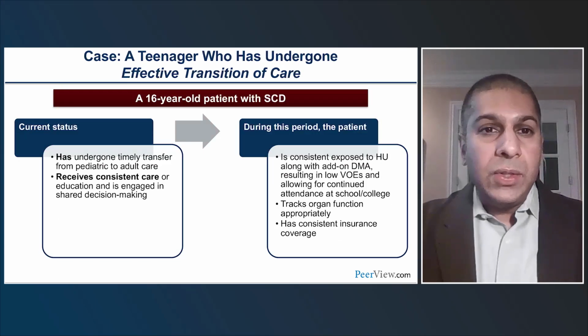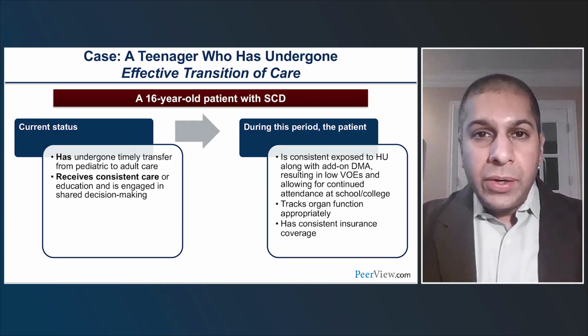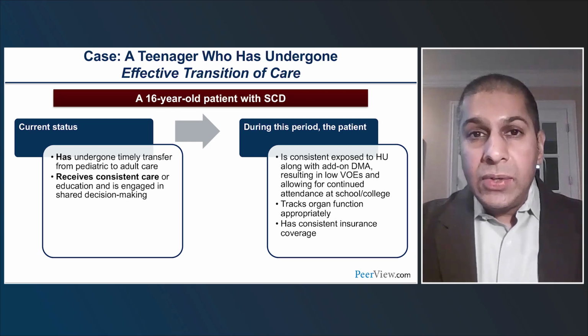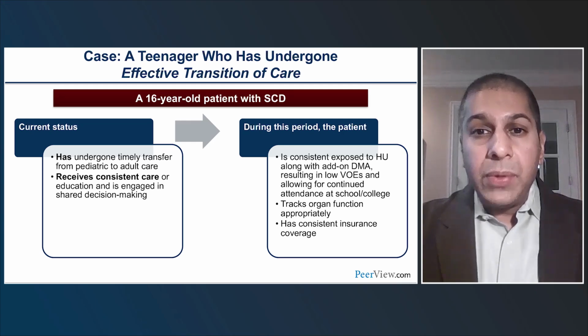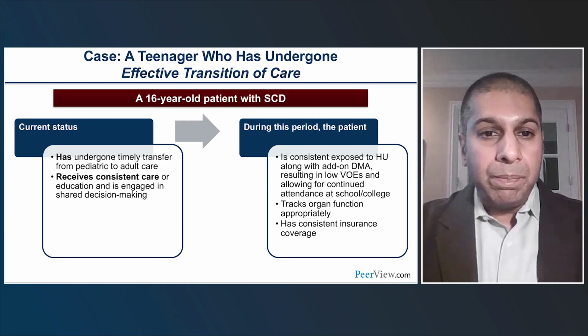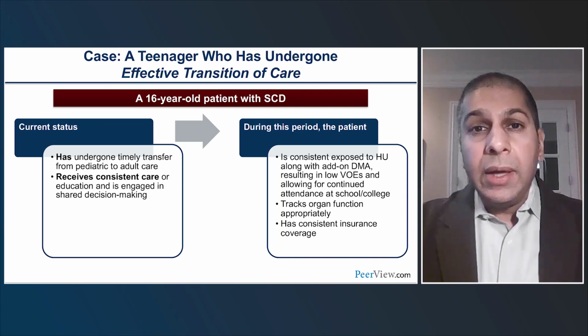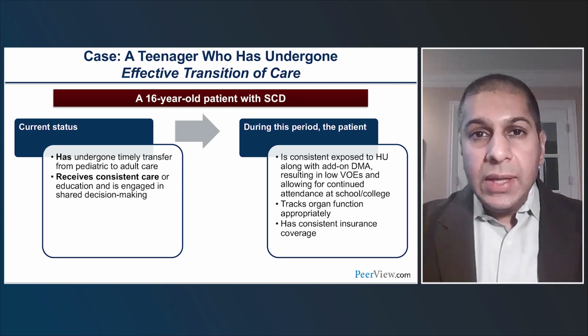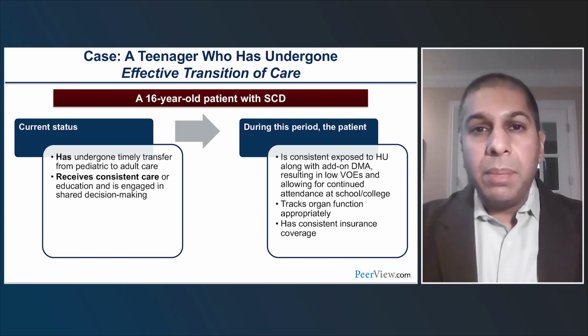Now let's contrast to a 16-year-old who does undergo timely transfer from a pediatric to adult center, who does receive consistent care, education, and is engaged in their own personal health and shared decision-making. And so during this period, the patient's going to want to be on hydroxyurea and continue it, both because they're seeing the provider, they have their insurance coverage and the regular blood count monitoring and refills, but also understanding the potential benefits of hydroxyurea are critical.